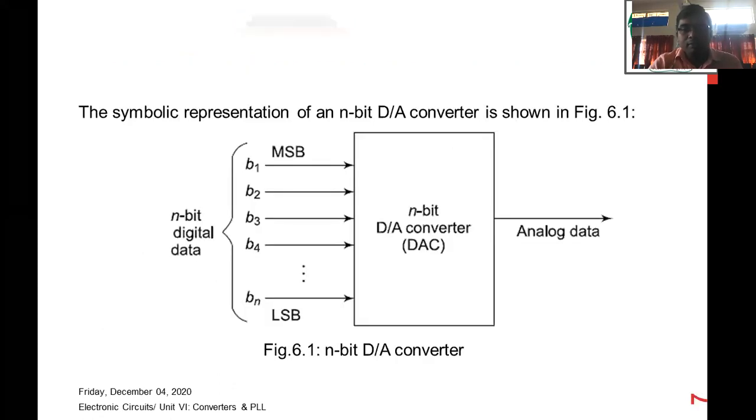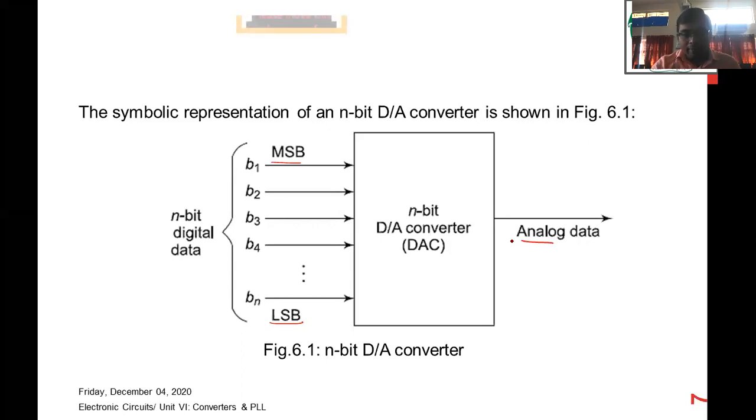You can see this block diagram of the n-bit digital to analog converter, where the inputs are the n-bit information B1 to Bn, with B1 the MSB and Bn the LSB, and this n-bit digital data is converted to a single analog output.